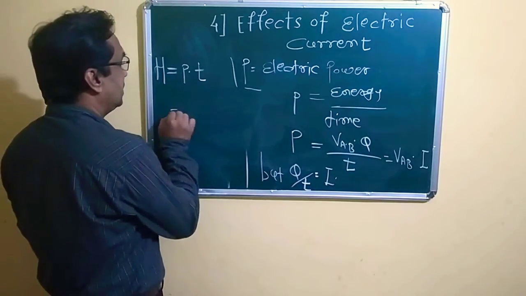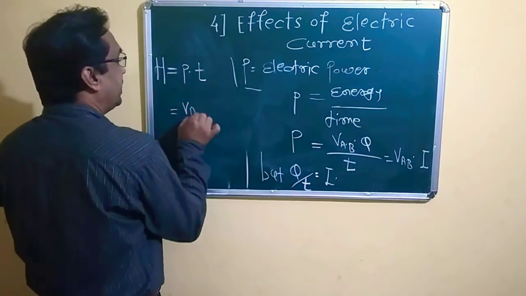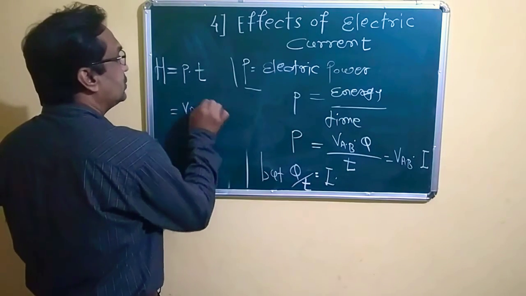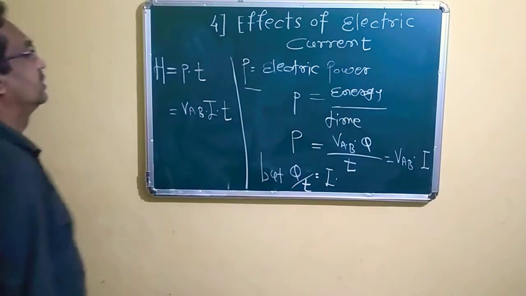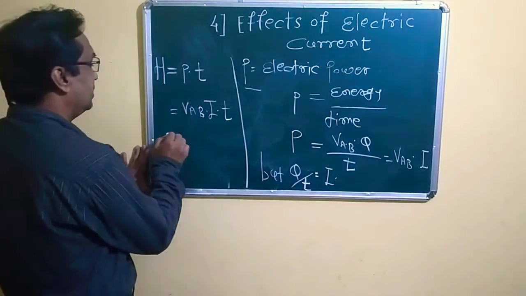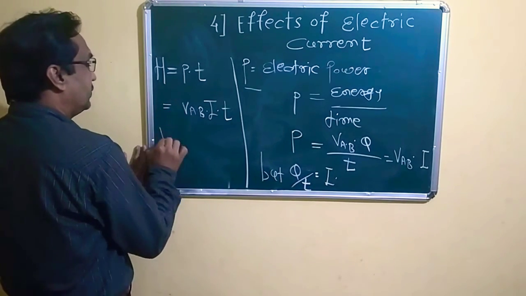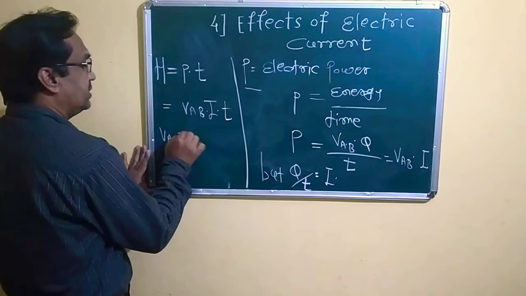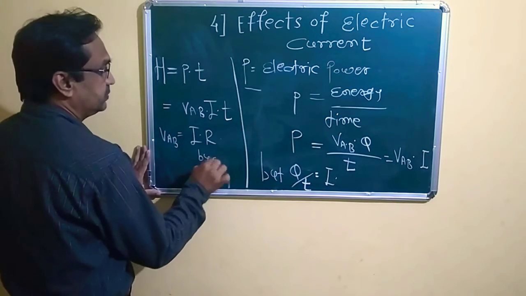So here P is equal to VAB into I, so H is VAB into I into T. But VAB is equal to IR by Ohm's law.